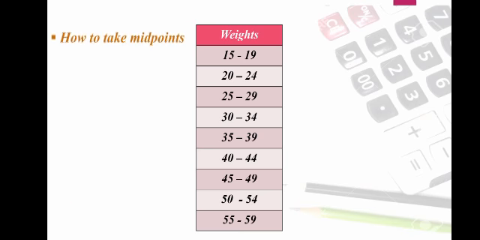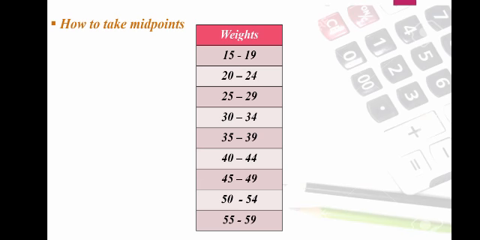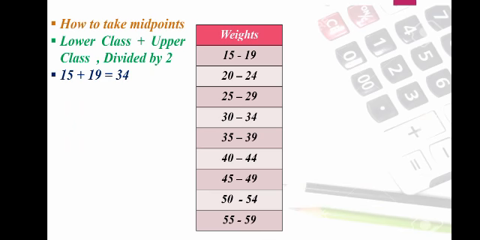So now for the frequency polygon you have to make the midpoint column. How to take the midpoints? For taking the midpoints, add the lower class and the upper class and then divide by 2. Here in the first row you can see the lower class is 15 and the upper class is 19. So 15 plus 19 is 34, and 34 divided by 2 will give you 17.